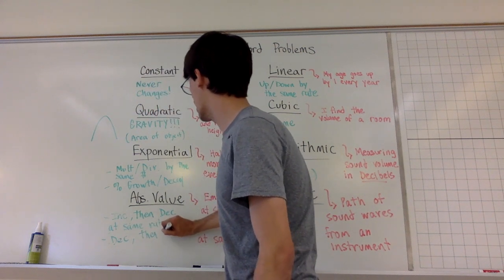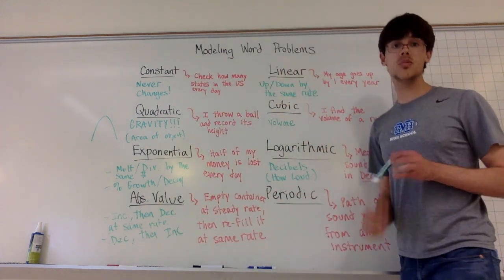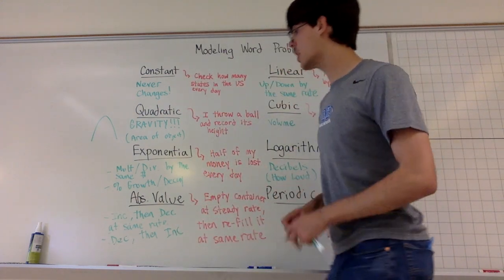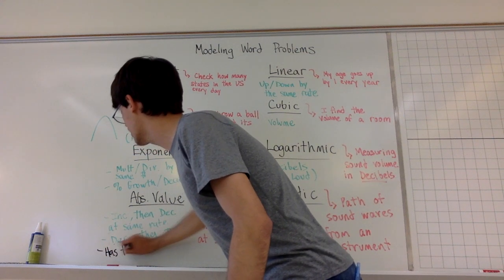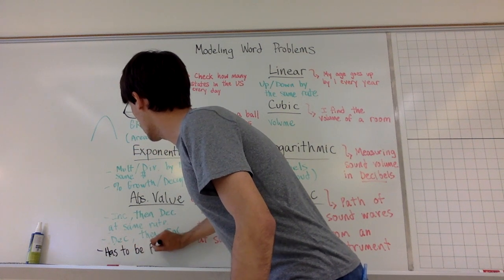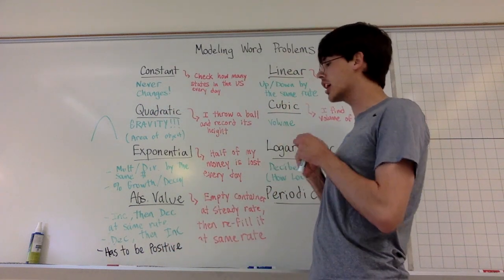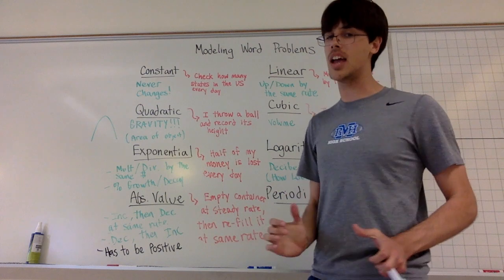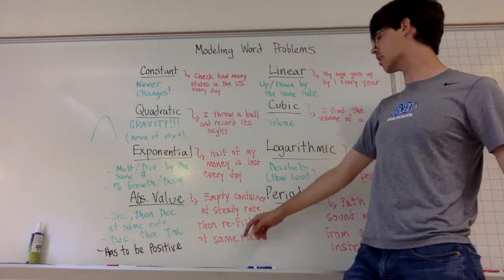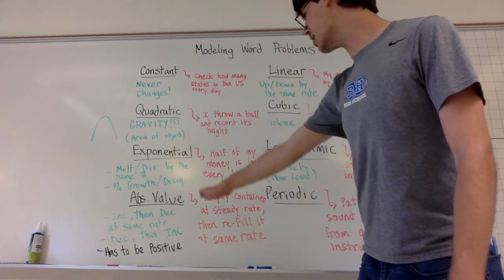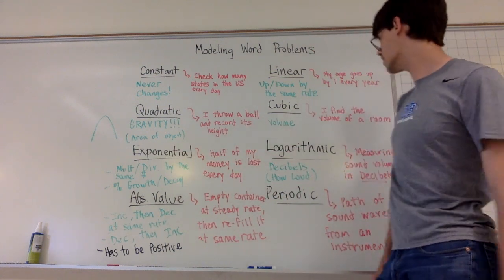If it's going up and down at the same rate, that is going to be absolute value. One more thing for that one. Sometimes if you have a situation that has to be positive, that could also possibly be an absolute value equation. So if they're really trying to emphasize that you can't have negative numbers, that might be absolute value as well. So in my example right here, a container is being emptied, and then it's being refilled. That's going to be absolute value. It makes that a V.